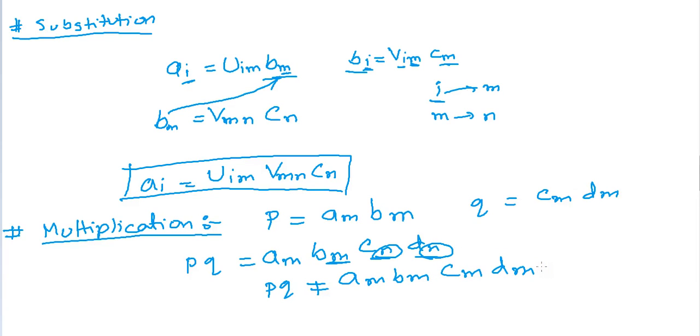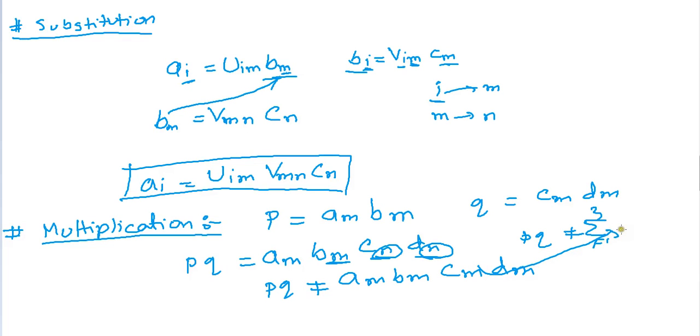In fact, the right-hand side of this expression, A_m B_m C_m D_m, is not even defined in the summation convention. Further, it is obvious that PQ is not equal to the summation from 1 to 3 of A_m B_m, so this whole term is not equal.